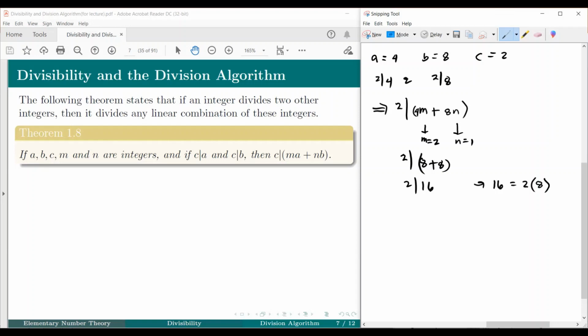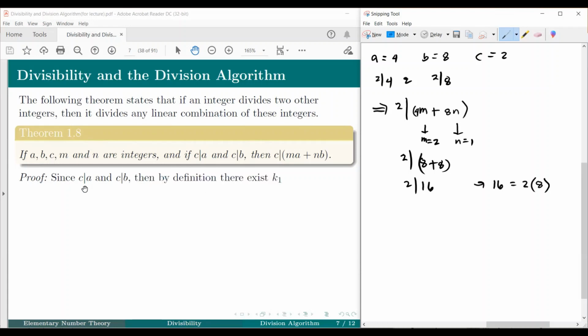Now, let's prove this theorem. Since C divides A and C divides B by our assumption, take note that this is our assumption, the if part, and this is our conclusion. We need to show this one. So from this, let's use the definition.